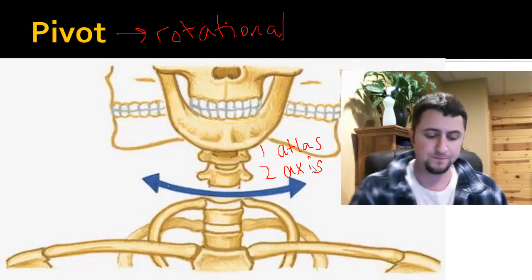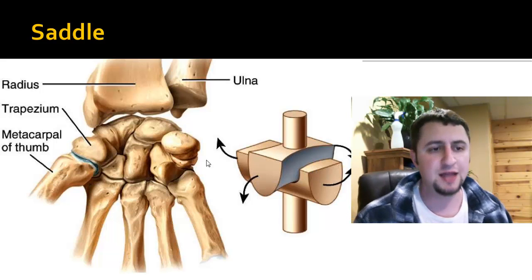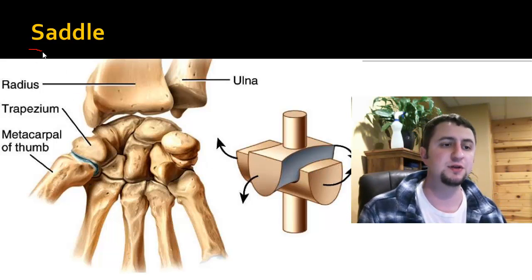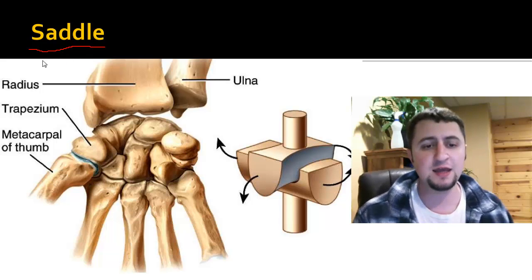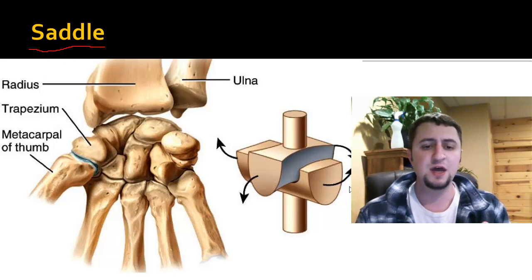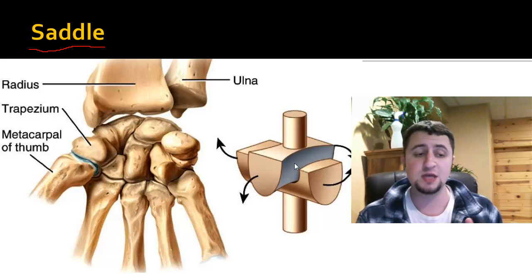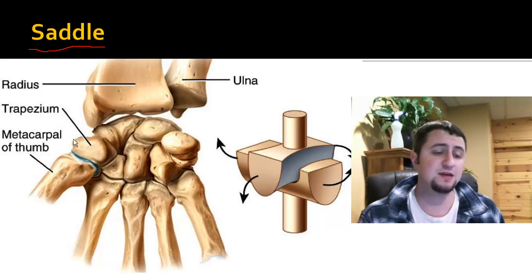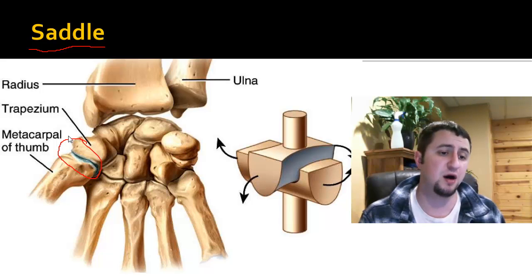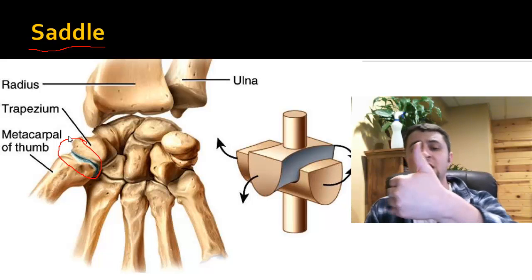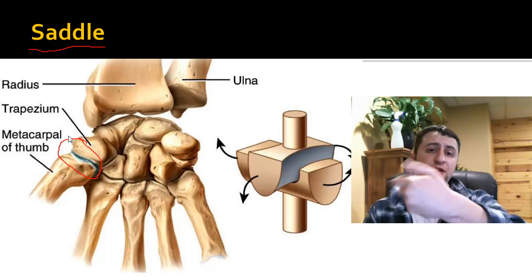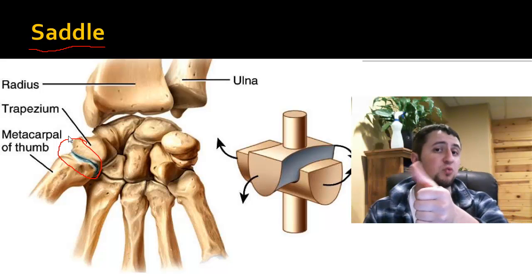And then lastly, the last joint we're going to concentrate on is called the saddle joint, and that is where we have two convex and concave surfaces put together, and that is found primarily in our thumbs. Now, if you look at our thumbs, with your thumb you can move it up and down, but you can also move it left to right.